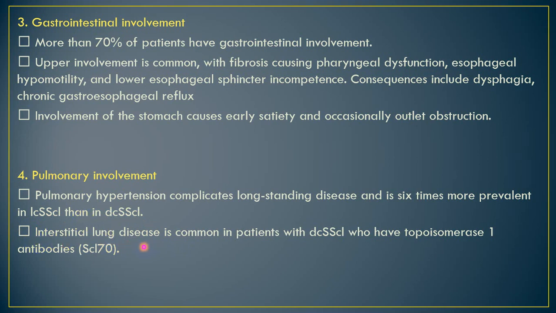It is usually more common in patients with the diffuse type of systemic sclerosis, while the other type of lung involvement could be pulmonary hypertension due to involvement of the pulmonary vessels alone without lung tissue involvement, which occurs with long-standing disease, and it's 6 times more common in the limited type than in diffuse. So pulmonary hypertension is more common in the limited type, while lung fibrosis and interstitial lung disease is more common with the diffuse type.